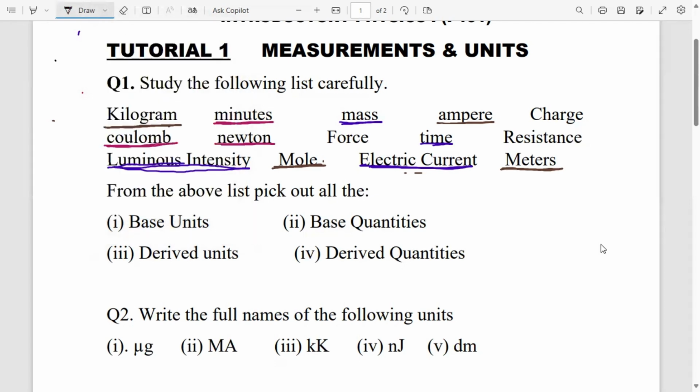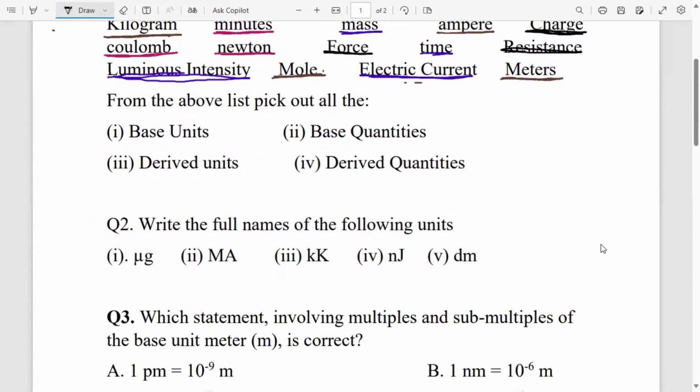Okay, so on the derived, we have force, product of mass and acceleration. We have charge, measured in coulombs. And then we have resistance, which is measured in ohms.